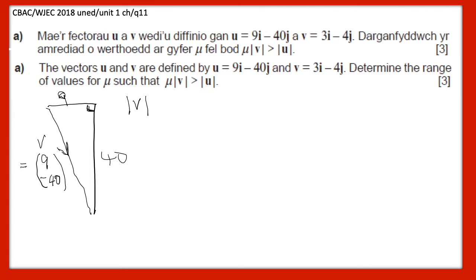Now by Pythagoras, it's fairly obvious that the length of that particular vector is going to be the square root of 9 squared plus minus 40 squared.